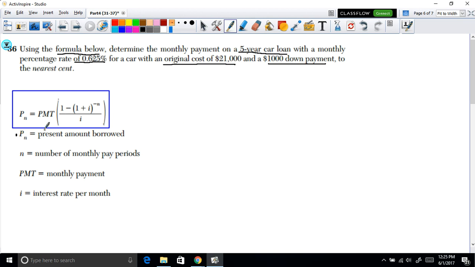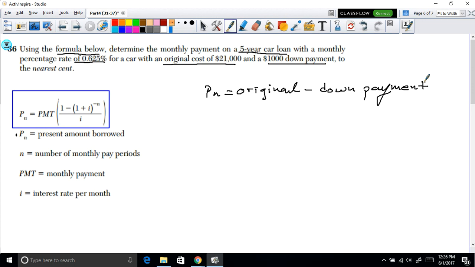So let's see, can we find out what P of n stands for? Well, P of n is the present amount borrowed. So it is the amount that you have borrowed here, which pretty much is going to be the original cost minus the down payment. Now let's think about it.